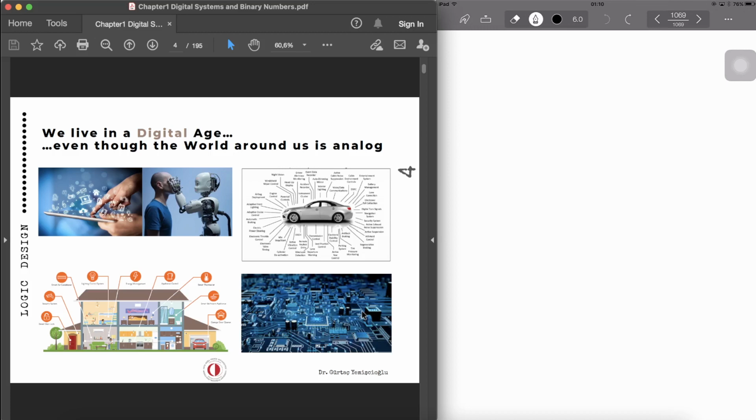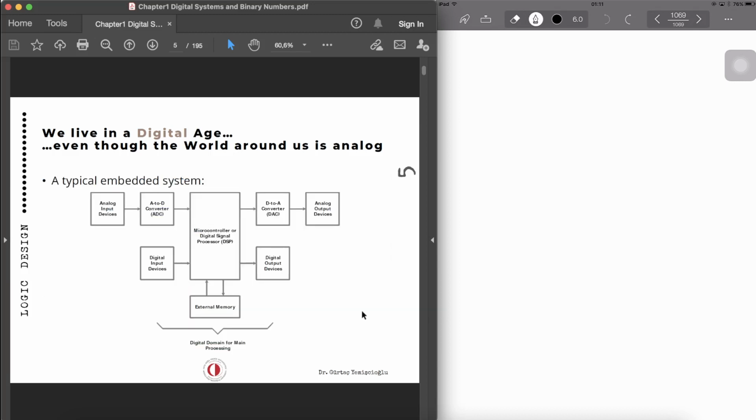So when we consider this digitalization or the devices around us, what we have in general is a simple architecture. And this architecture is based on a typical embedded system. So what do we have? We have some analog devices because, as we already said, the world around us is analog.